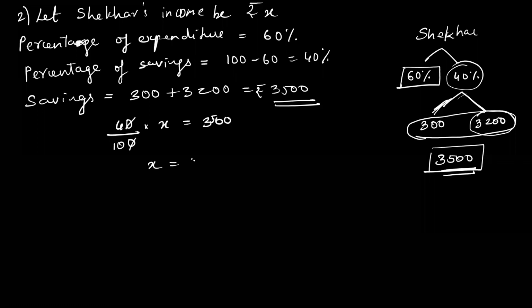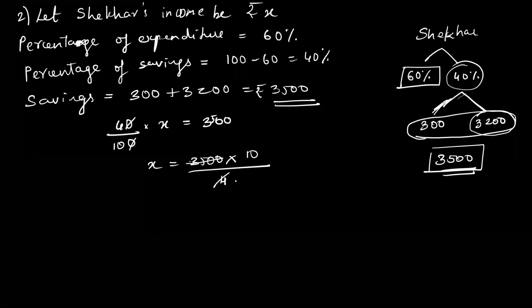So x is equal to 3,500 into 10 upon 4. Okay. What should I cancel it with? 875. Which 875?